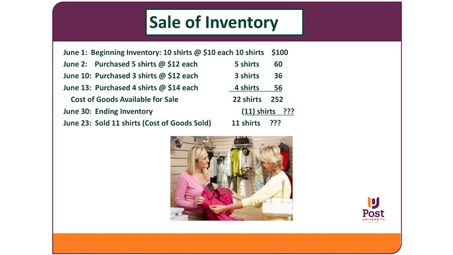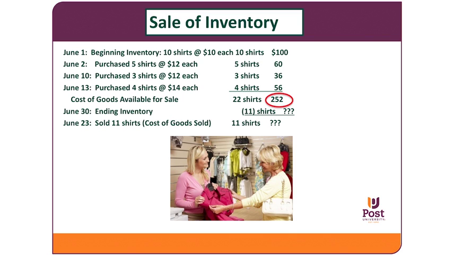We sold 11 of the shirts. The question is, how do we compute the cost of the shirts sold and the ending inventory? Don't forget that the shirts were either sold or they are in the ending inventory.